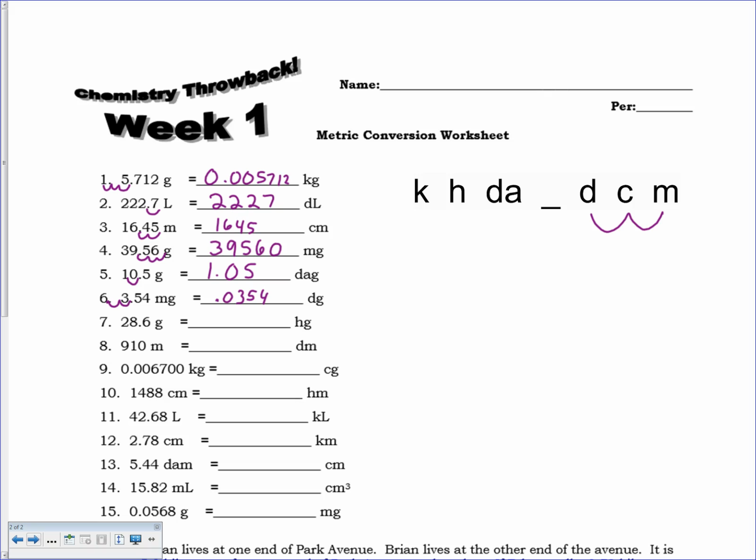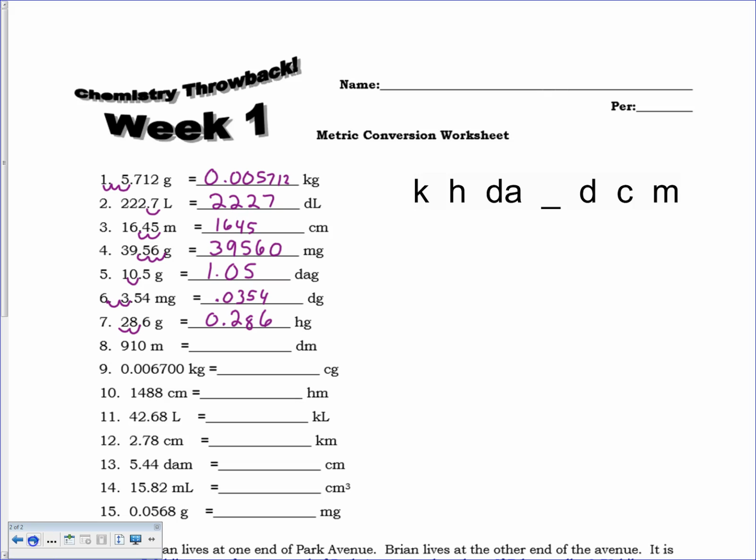Next one here, going from grams to hectograms, so starting with the base unit, moving over 2 spots there to the left. So we'll do the same thing here. 1, 2 spots. This ends up being 0.286. 910 meters to decimeters.